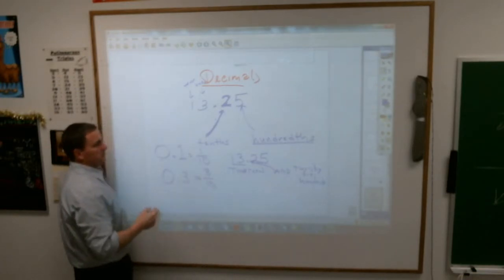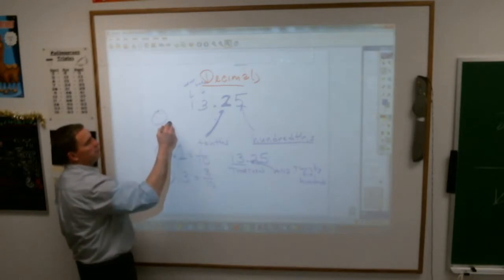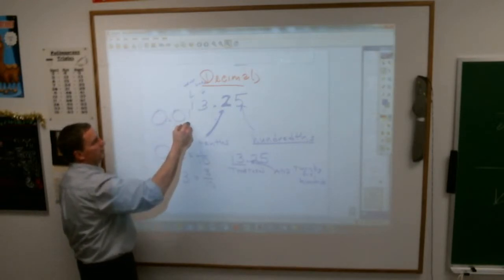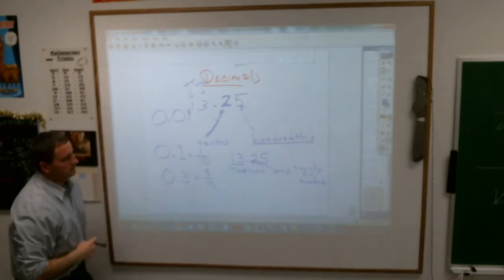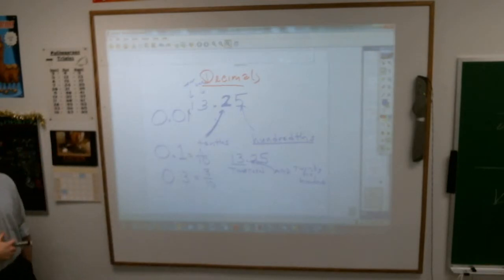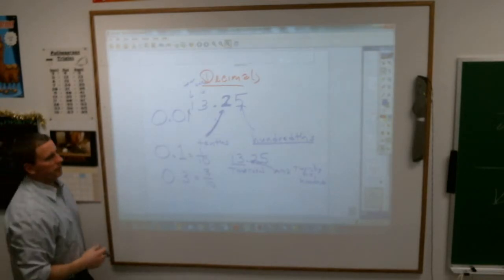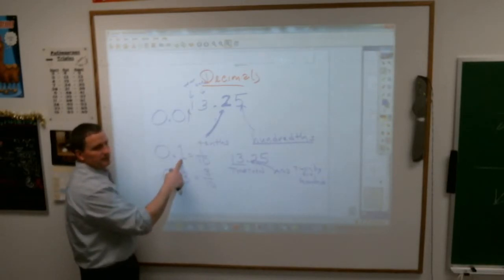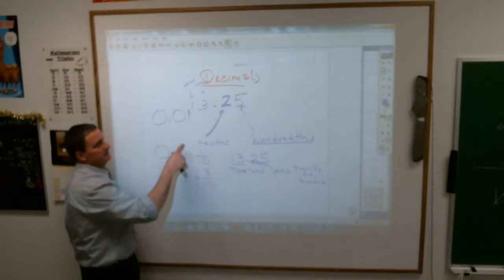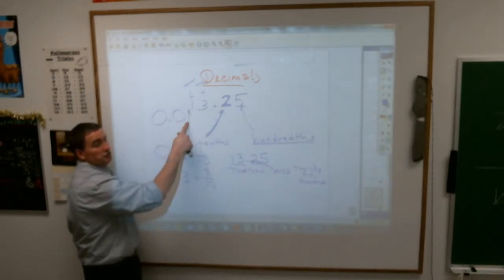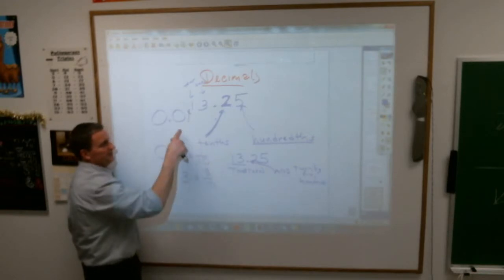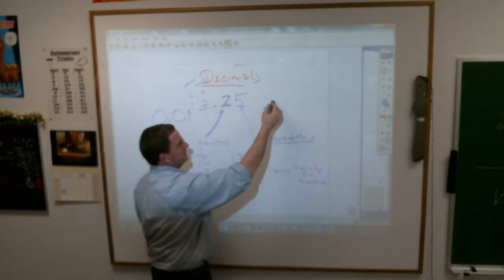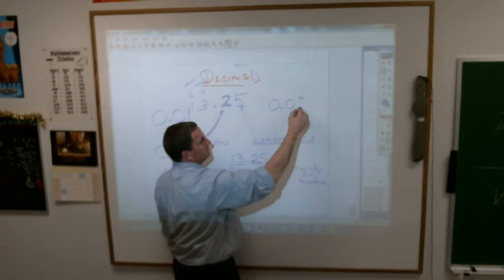Or let's make things really tough. What about this? 0.01. How do you say that number? Joe? That's not 1/10. You have to go, you're 2 places away from the decimal. This is 1/10, it's not the same as that. 0.01.